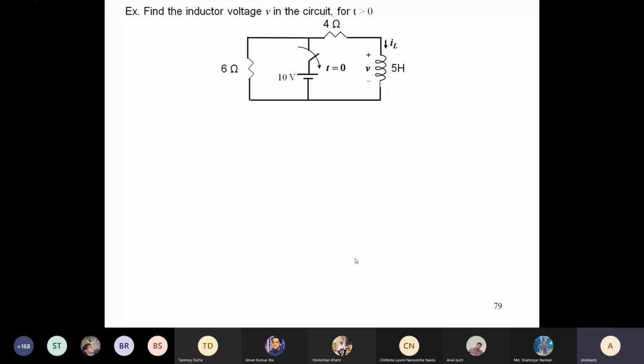And it is asked to find out the value of the voltage V in the circuit. You should take this as homework, or if you can somehow do it quickly also. I will not solve all problems in the class because many of the problems will have to be solved during the tutorial.